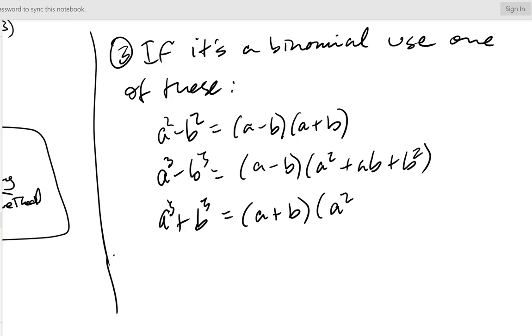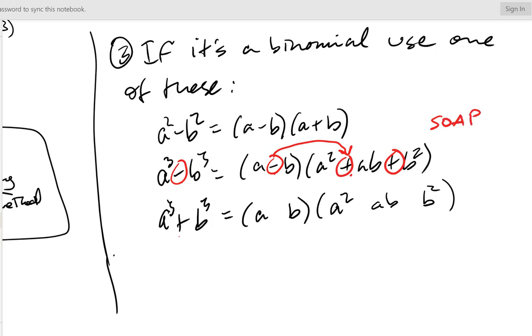Let me write the terms above, and I'll show you how you can memorize this. If you notice the terms above, this one's negative. It's a cubed minus b cubed. This one's negative, this one's positive, and this one's positive. Notice that this sign here, on this plus, is opposite of this negative. So if it's negative, you go same sign here, it's the opposite sign here, and it's always positive there. Same, opposite, always positive.